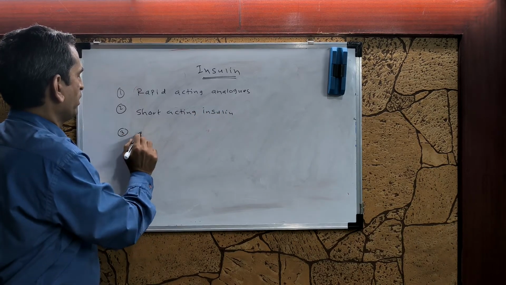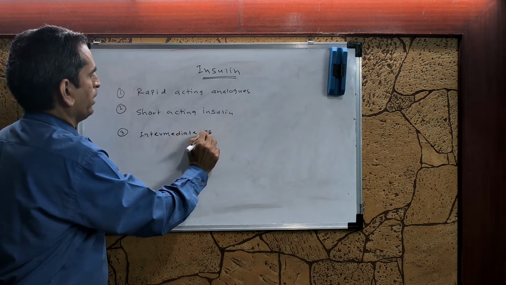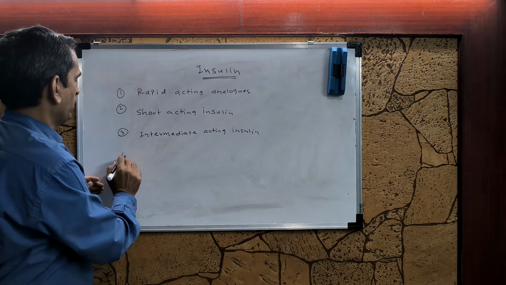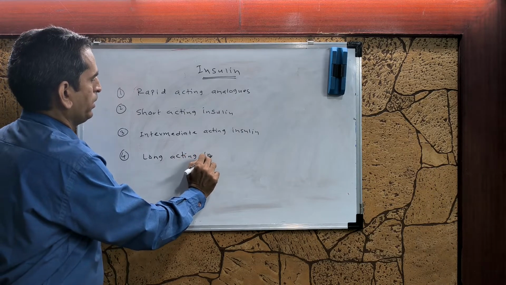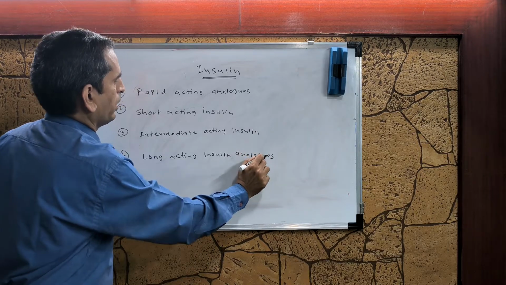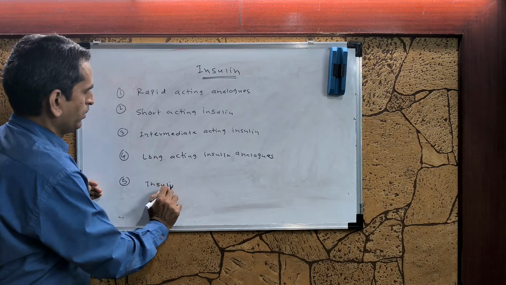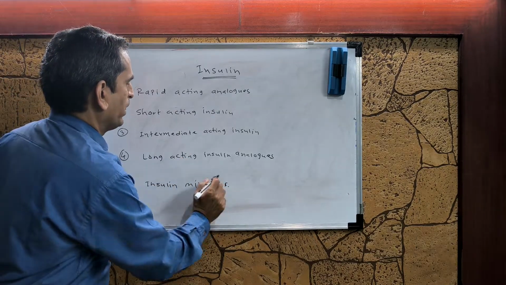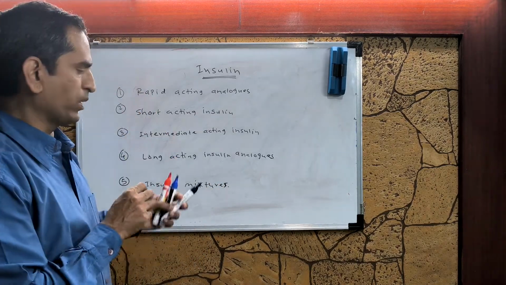Third, intermediate acting insulin. Fourth, long acting insulin analogs. And the last one is insulin mixtures. So this is one way of classifying the preparations of insulin. Let us discuss each one of them.